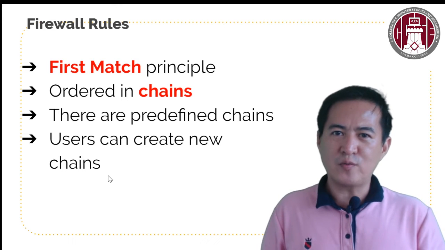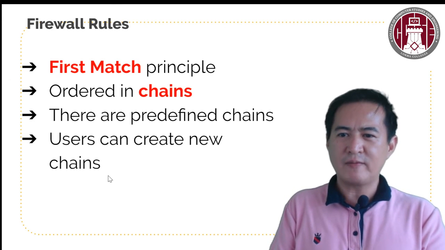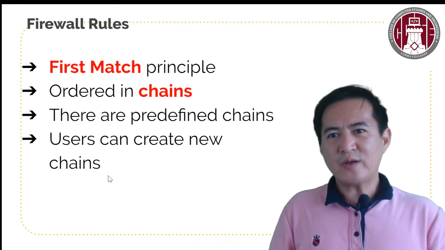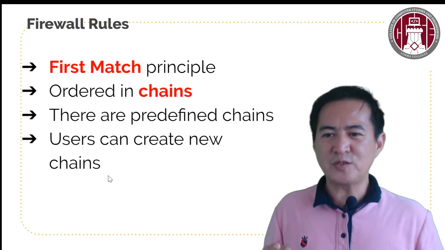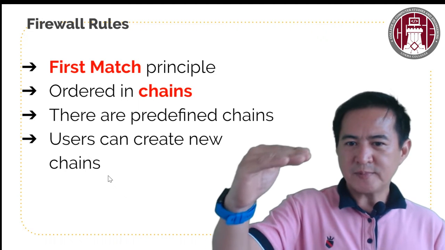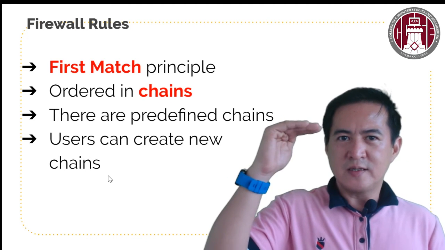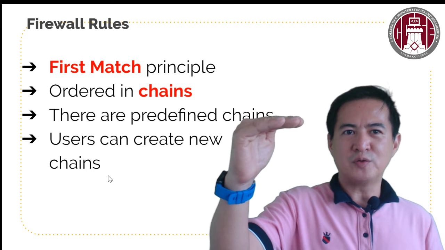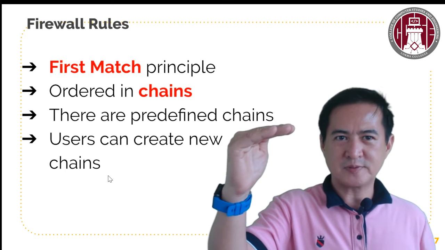Next. When we talk about firewall rules, they use the first match principle. Meaning, if you have a series of rules and a packet matches the first rule, then it stops.